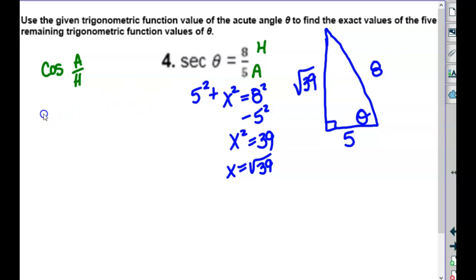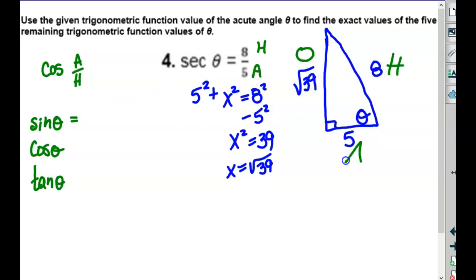We're supposed to do all 6 trig functions. I'm going to do them in the order that they would be on your calculator: sine, cosine, tangent. Okay, so sine is what? Somebody tell me. Okay, opposite over hypotenuse, which would be square root of 39 over 8.